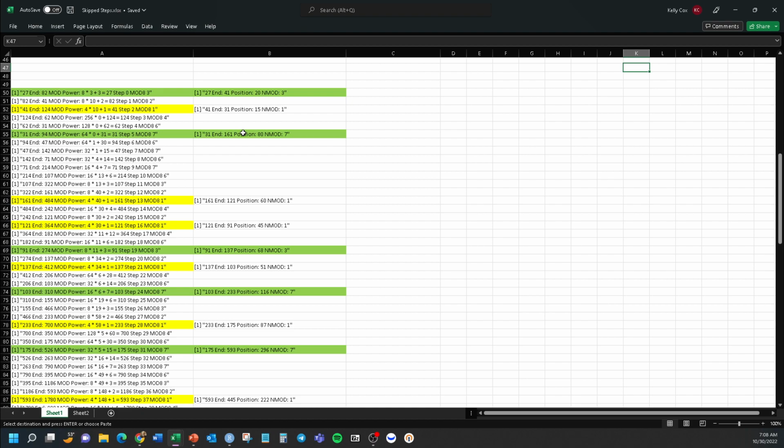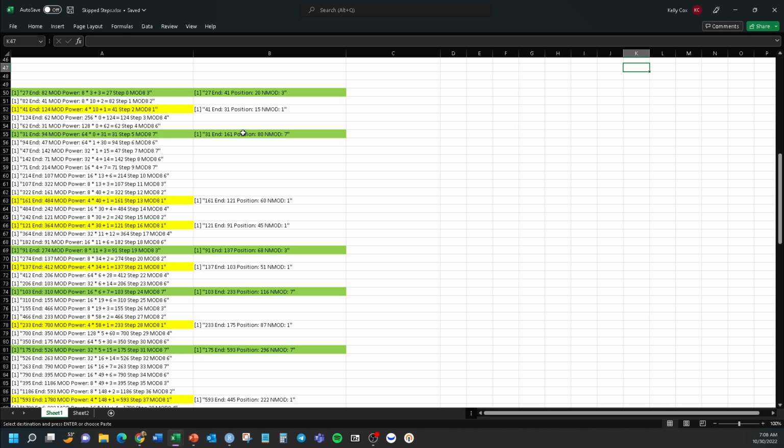So you can see here that I cannot skip the mod 4 numbers, where we're going to do a shift reset.